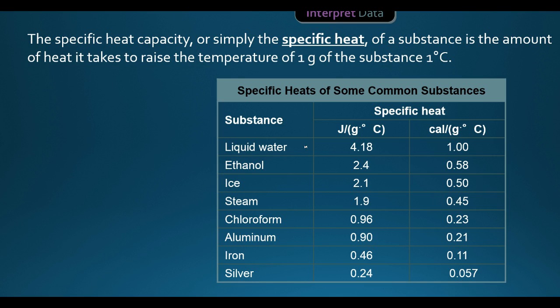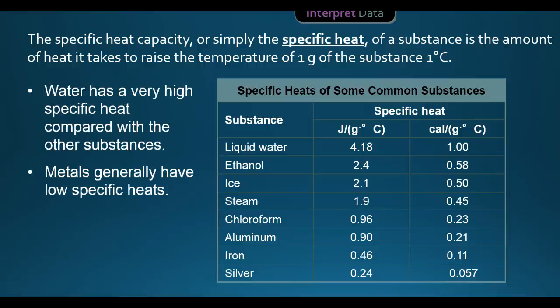With the hydrogen bonding, it's a very strong interaction between the water molecules, and it requires a lot of heat energy to break those hydrogen bonds in order to heat the water up and get it into the vapor phase. So water has a very high specific heat compared to the other substances.